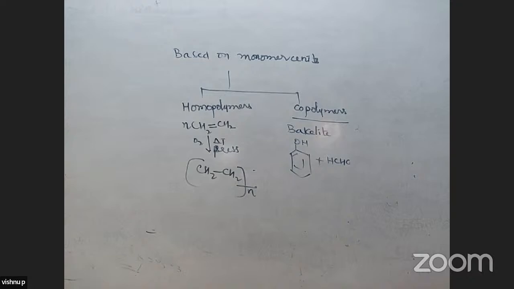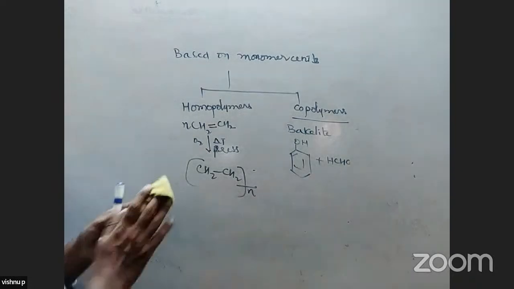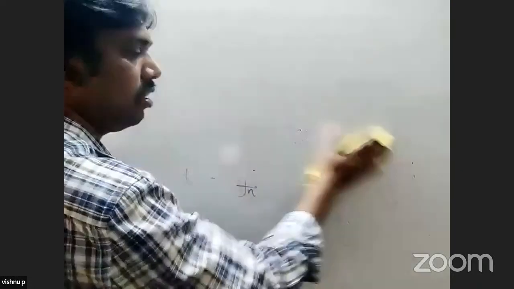So bakelite is an example of a copolymer. If more than one type of monomer unit is present, it is called a copolymer. If the same type of monomer units are present, it is called a homopolymer.